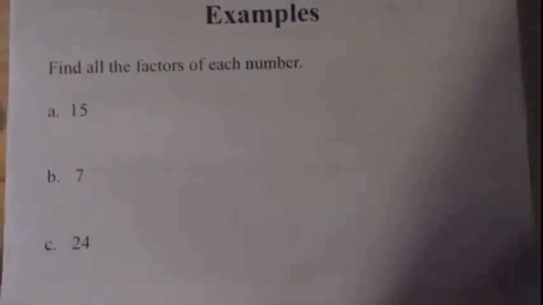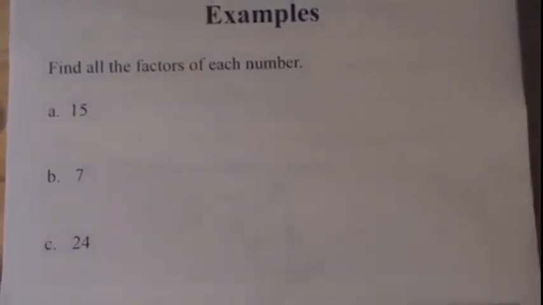So let's find all the factors of some numbers. A, 15. We want to find numbers that multiply together and give us 15. So 1 and 15, and 3 and 5.